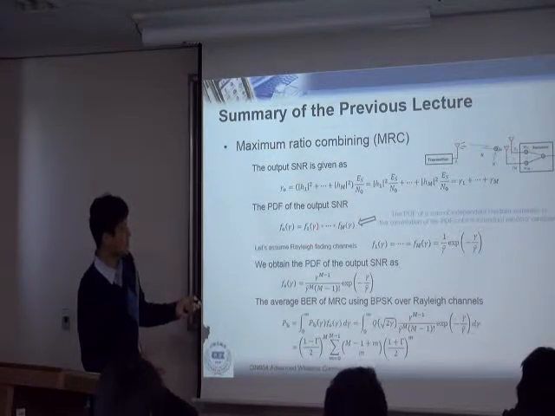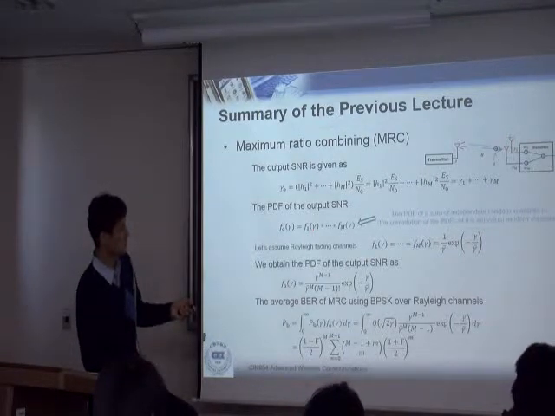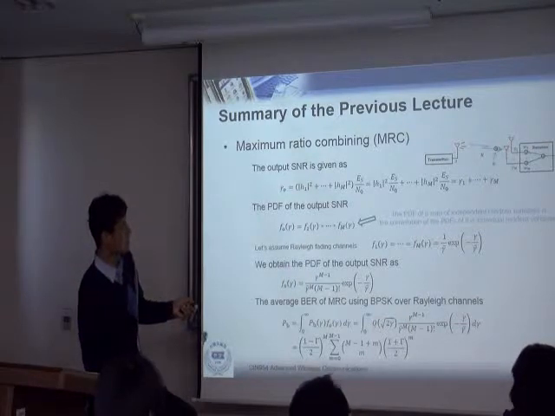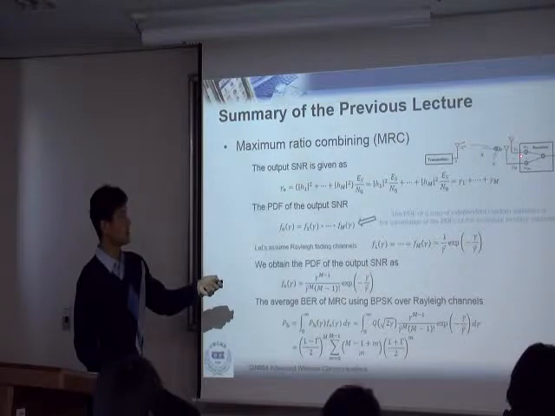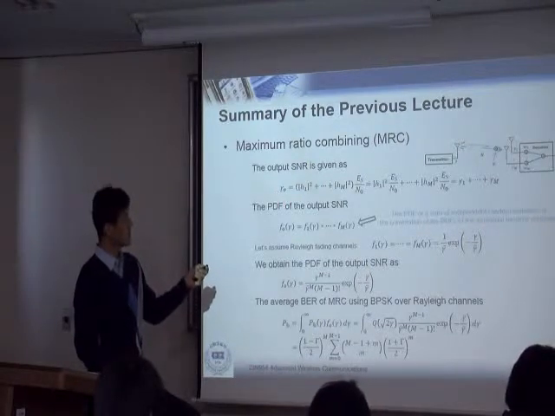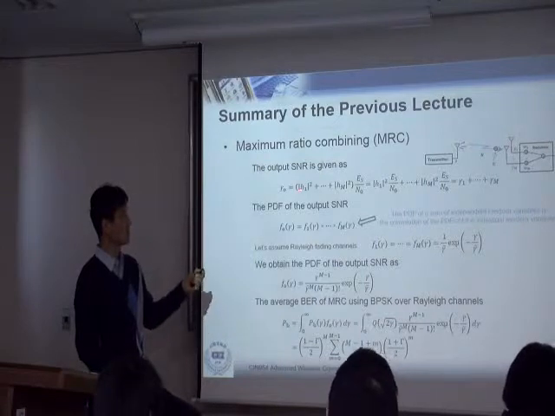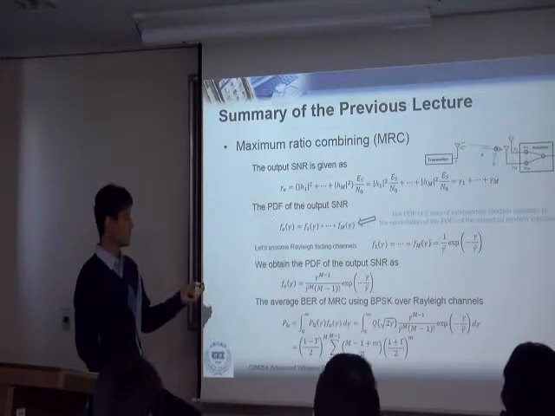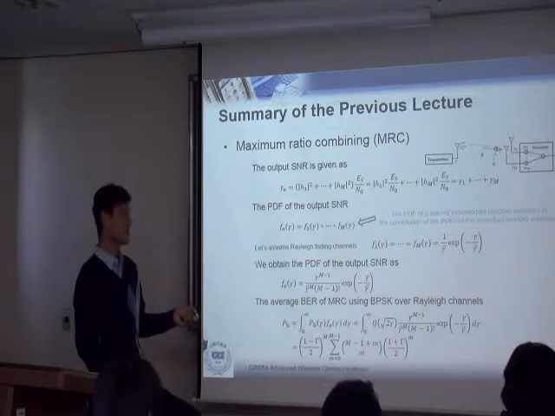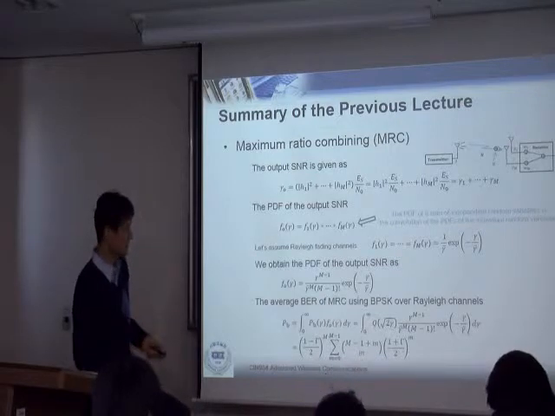And the Laplace transform of the PDF is going to be the MGF, which we covered last week, right? So in terms of SNR, when you use MRC, SNR is just addition. Just add all the SNRs. That's going to be your output SNR. That means the convolution of all the PDFs, which means the multiplication of all the MGFs. Okay, all these things are the same.